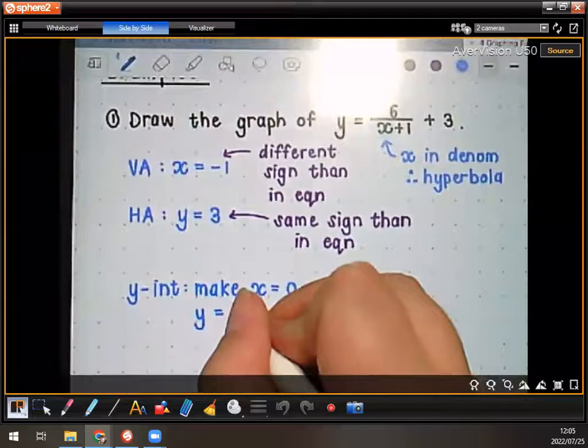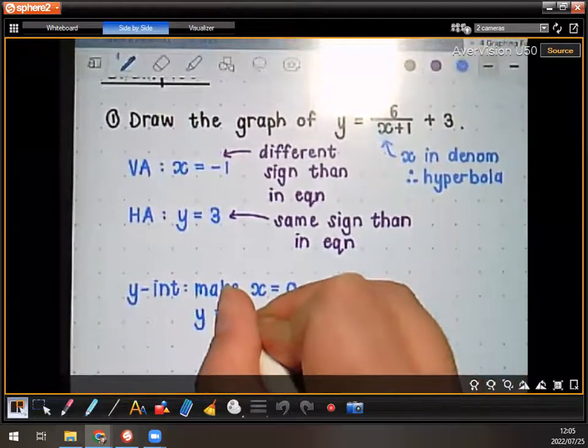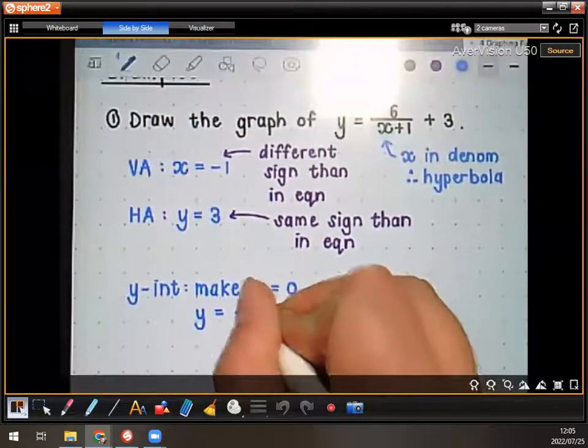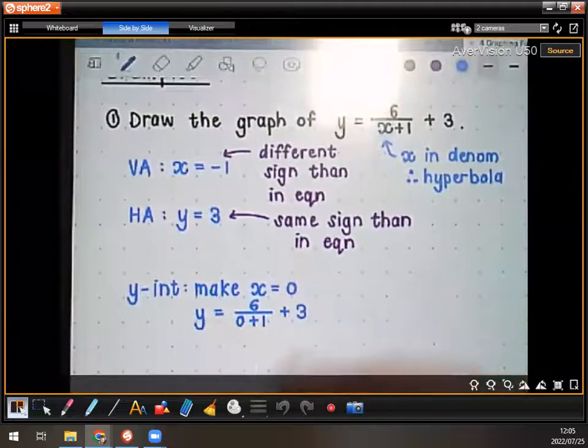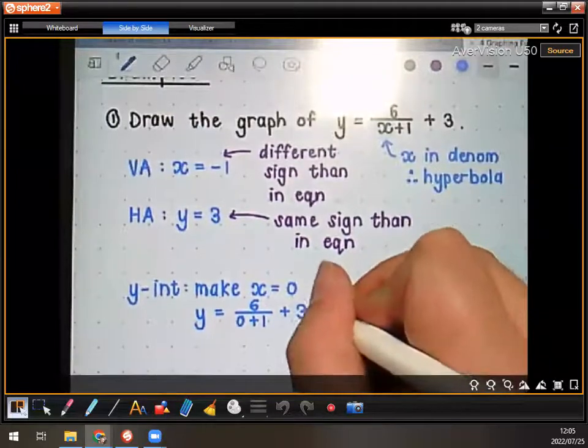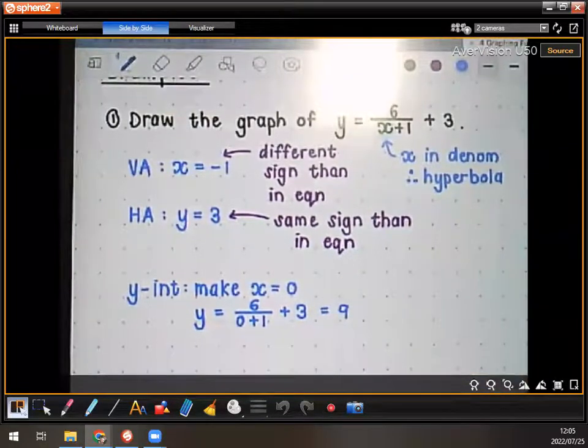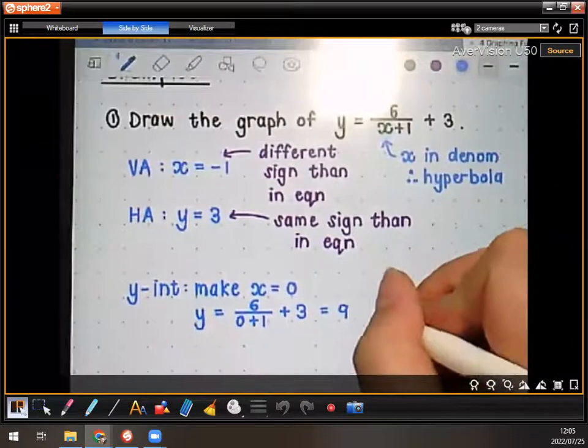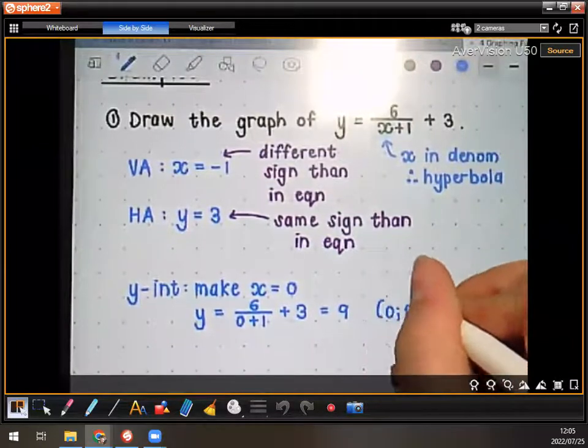So it's going to be 6 over 0 plus 1, and then plus 3. Now 0 plus 1 is just 1, right? So we actually have 6 over 1, which is 6 plus 3, which is 9. So the y-intercept of this graph is (0, 9).